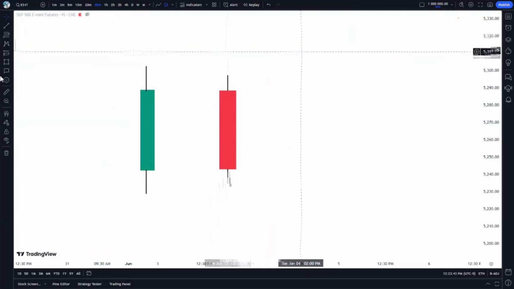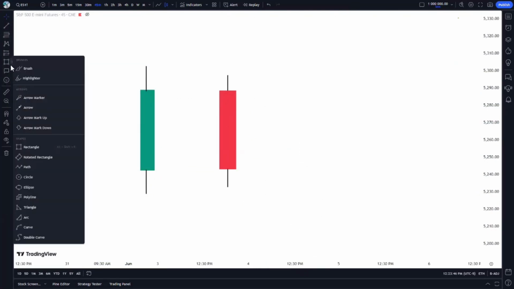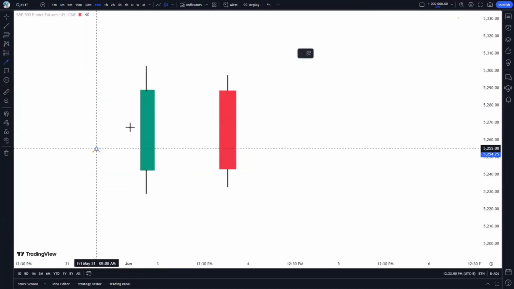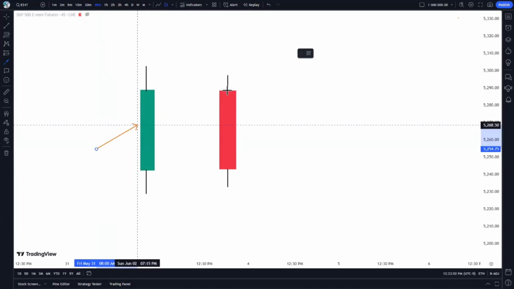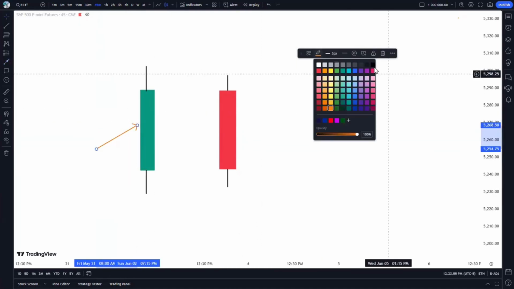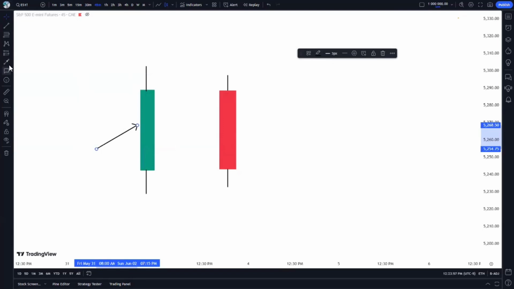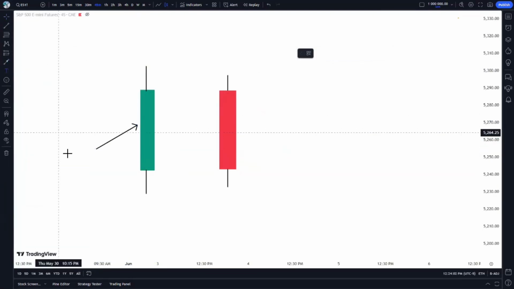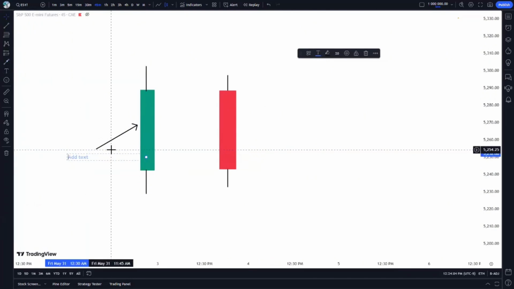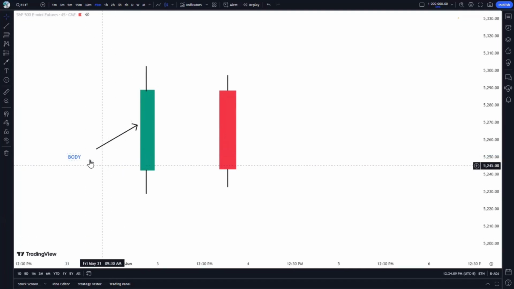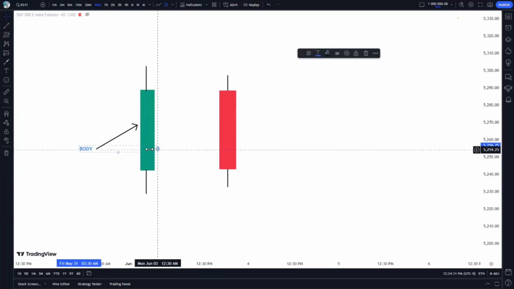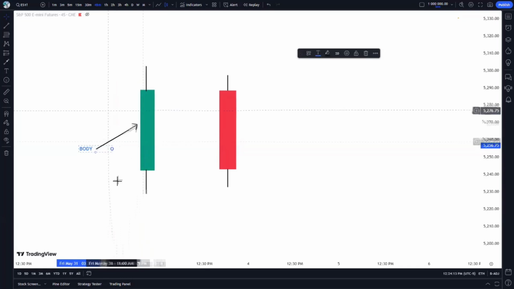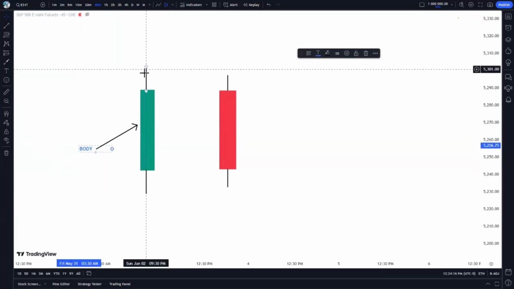So the middle part is the body, and we're going to label that. Remember, the middle part is the body. And then after the middle part, you see these two things at the top?